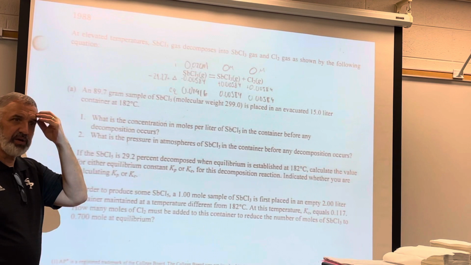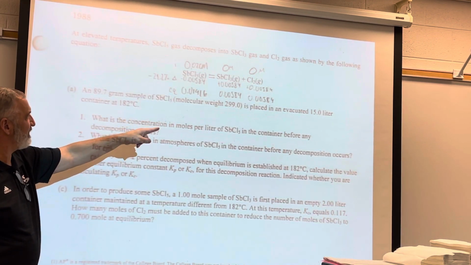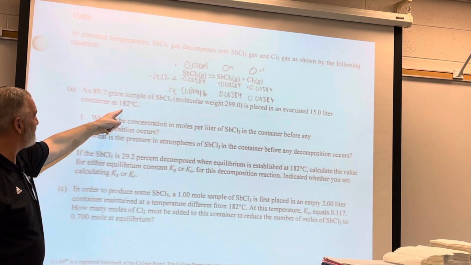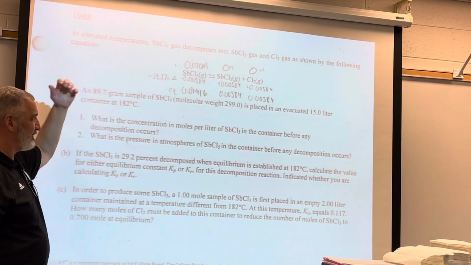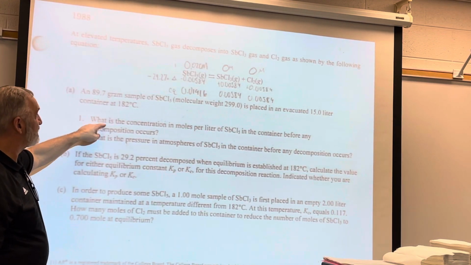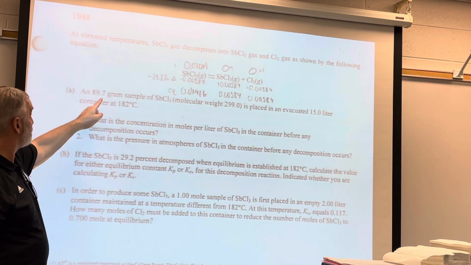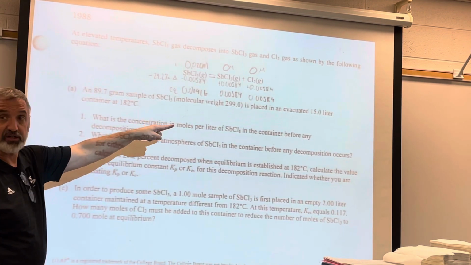Immediately, when I'm reading that, it's a gas, I have a pressure, a volume, a temperature, and an amount. My brain just goes PV equals nRT. Well, I want to calculate the molarity, which is moles per liter: grams divided by molar mass divided by volume.